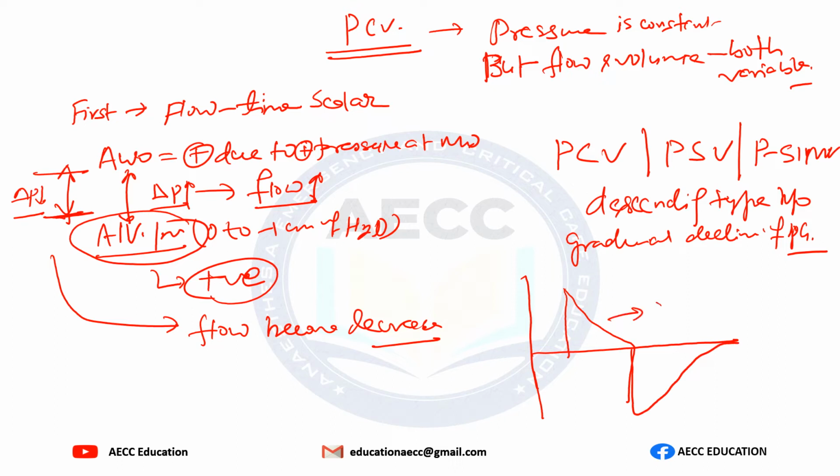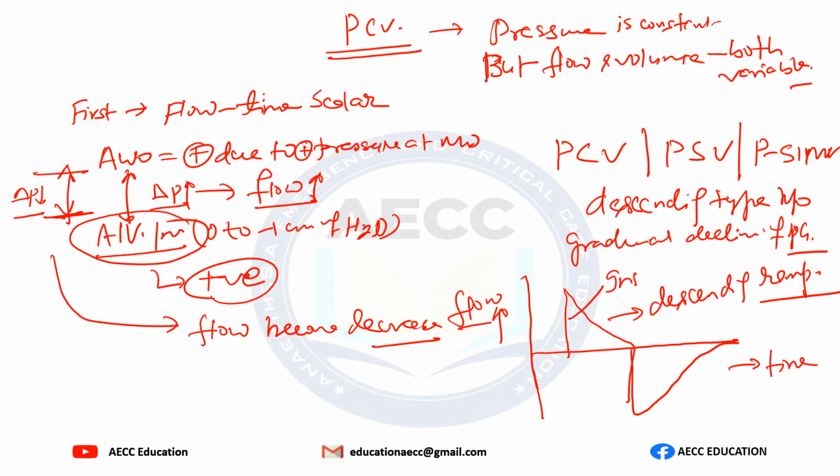So this is the descending ramp. Flow versus time, this is the inspiratory flow and this one is the expiratory flow.